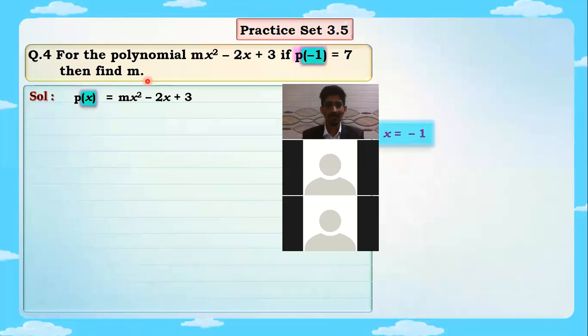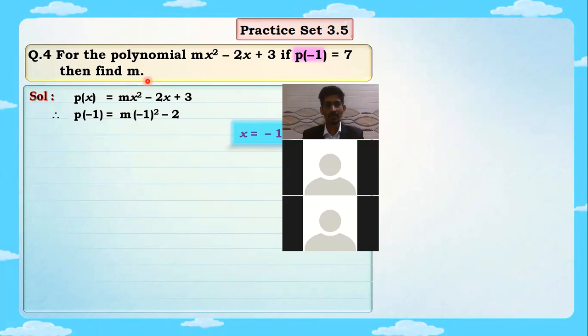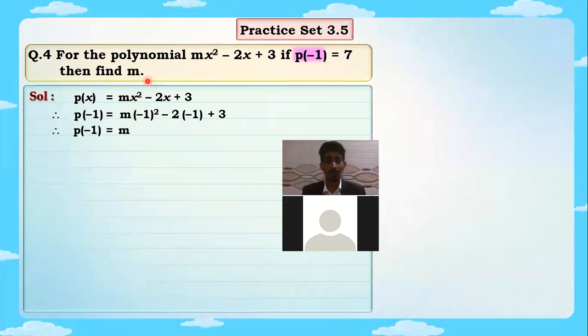p of -1 is equal to m into x square, मतलब x मतलब -1 का स्क्वायर इन ब्रैकेट, माइनस 2 into x का वैल्यू -1 इन ब्रैकेट प्लस 3. तो p of -1 as it is, m as it is, -1 का स्क्वायर, स्क्वायर ऑफ एनी नंबर इज ऑलवेज अ पॉजिटिव नंबर. तो -1 का स्क्वायर इज +1.